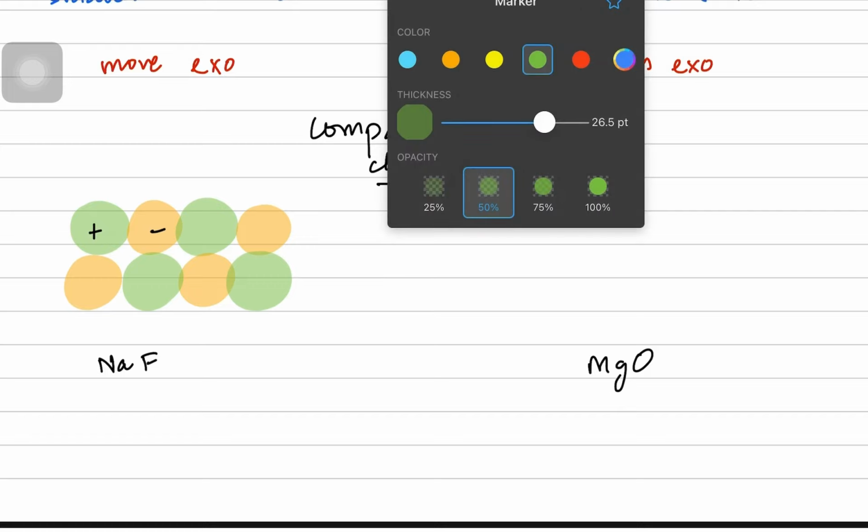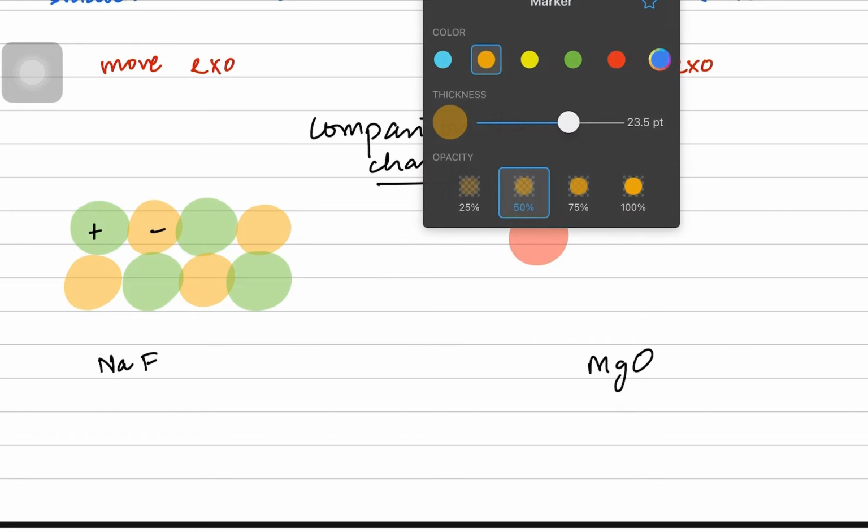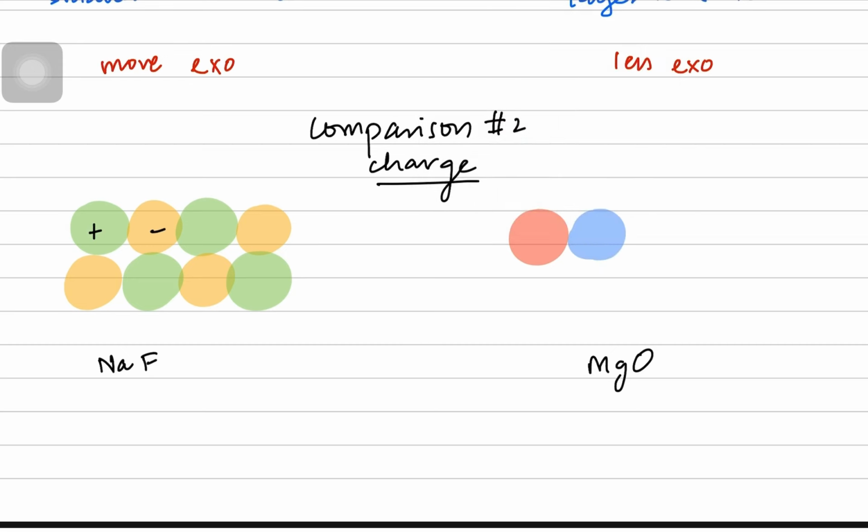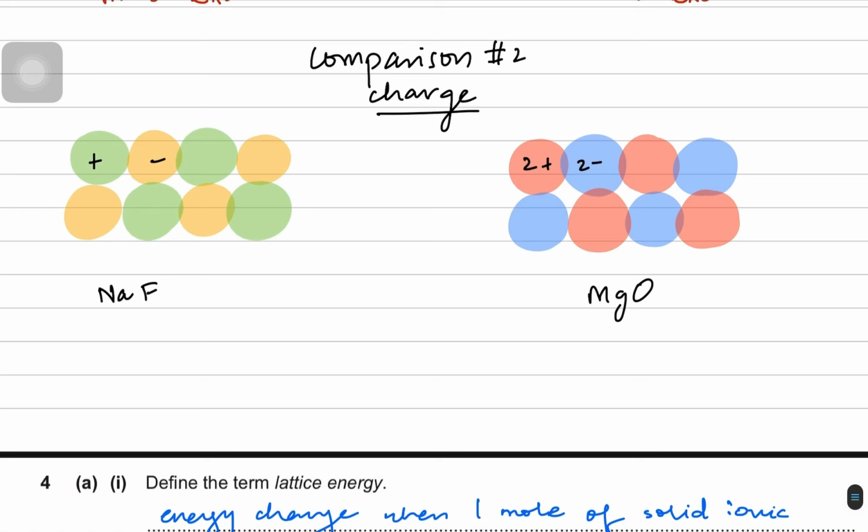When we talk about magnesium oxide, let's say red color and blue color. Here the ions have similar size because they both belong to the same period of the periodic table. But charges are different. Sodium configuration was 2,8.